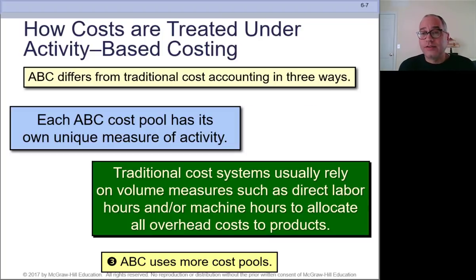Traditional cost systems create a single pool of overhead and apply it based on direct labor hours, machine hours, or maybe direct labor cost, applying all the overhead using that single measure or single rate. What ABC does is it creates several different cost pools and applies them based on different rates.